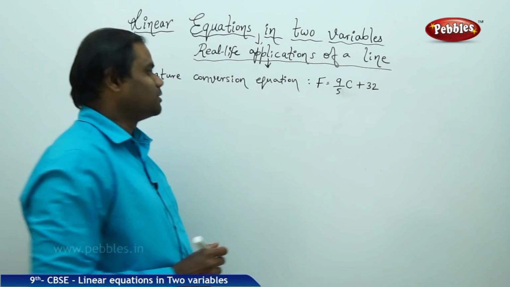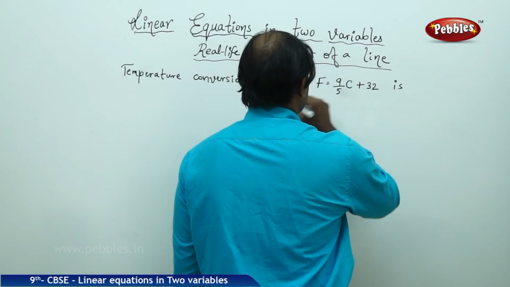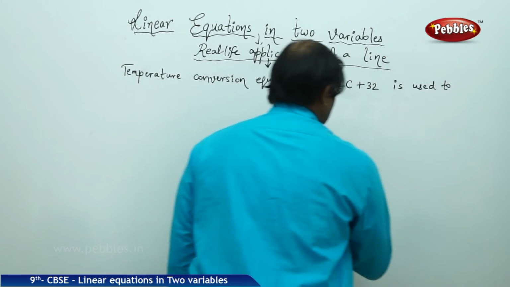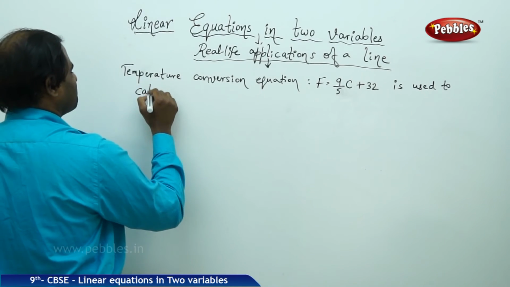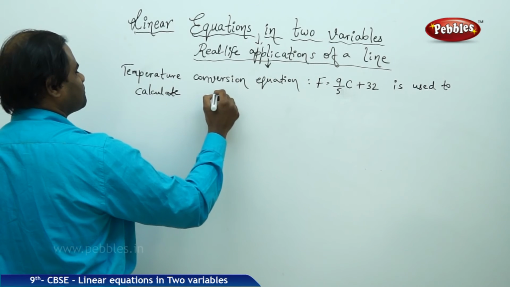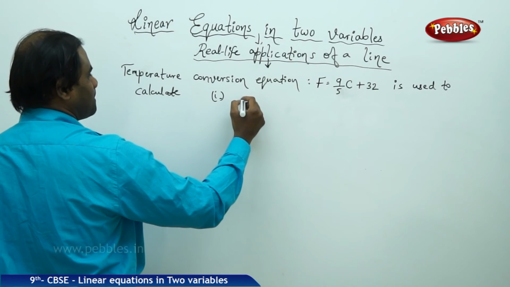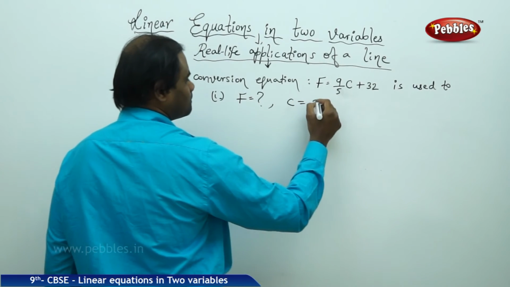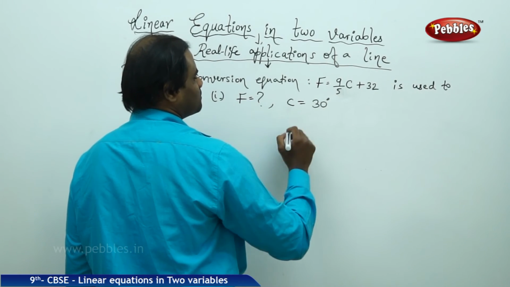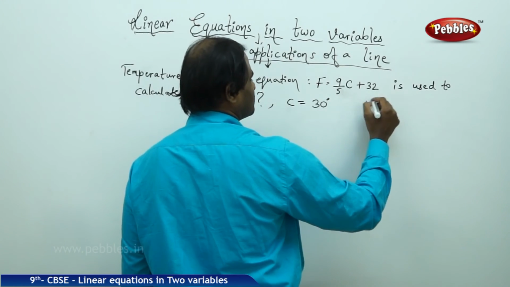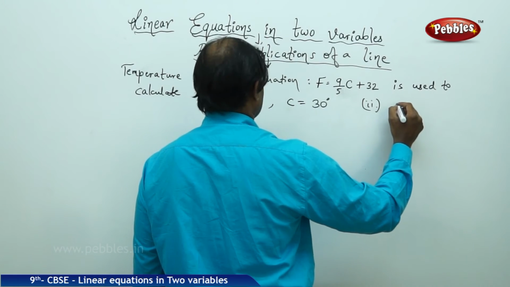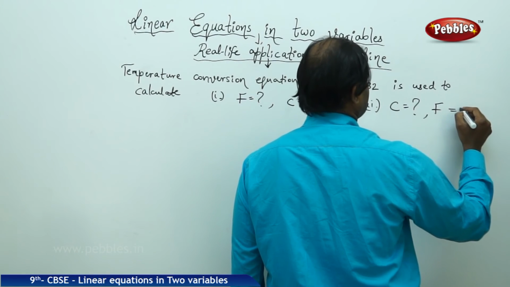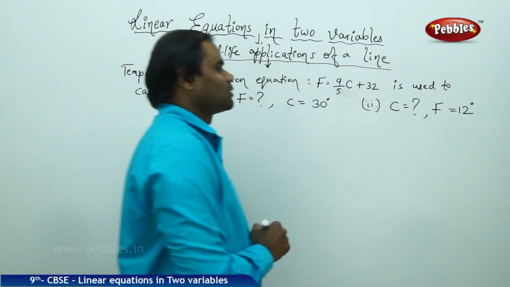So this temperature conversion equation is used to calculate, initially, the Fahrenheit when C is 30 degrees, and secondly, the centigrade when the Fahrenheit is 12 degrees.